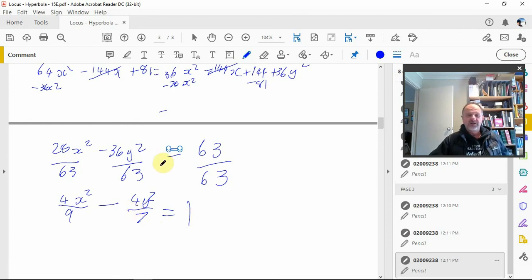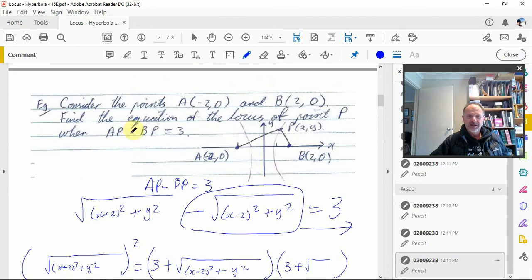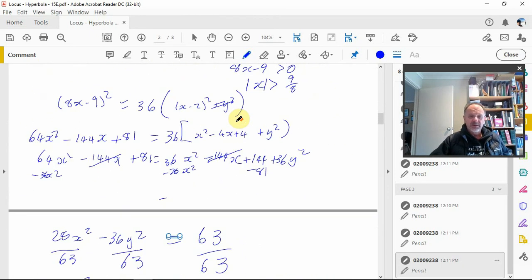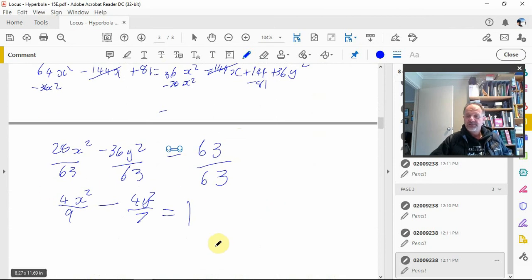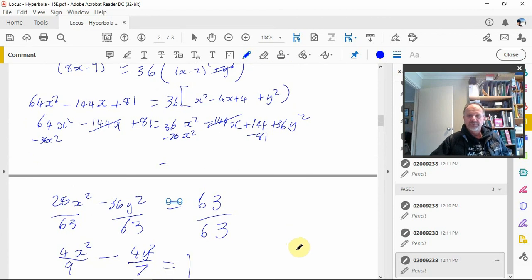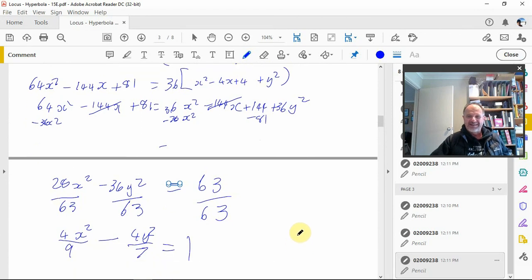All right, so there's our Cartesian equation of that particular locus. You'll notice there's similarity between this and the ellipse one, but we have minus here instead. Sorry about those transcription errors, fixed them up in the end.